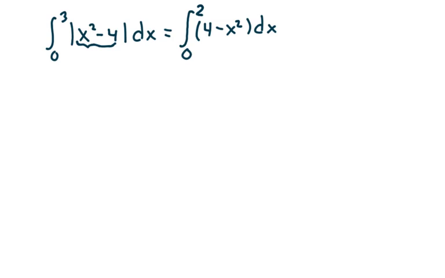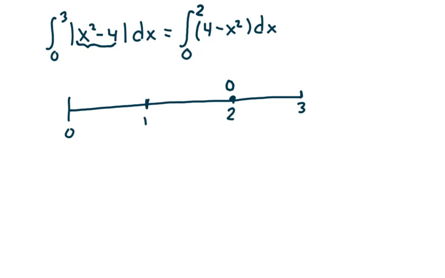Now, let me see if I could draw a number line for you guys. So here's 0, here's 3. At x equal 2, the y value is 0. Between 0 and 2, if I test x equal 1, and I plug 1 in for x, we get a negative number. We can't have that.